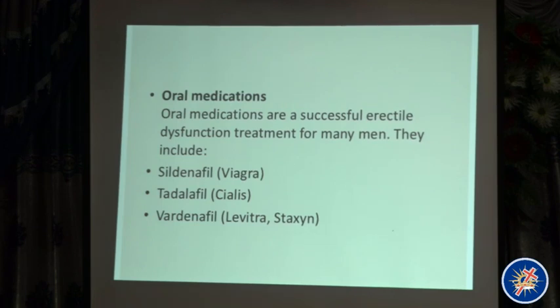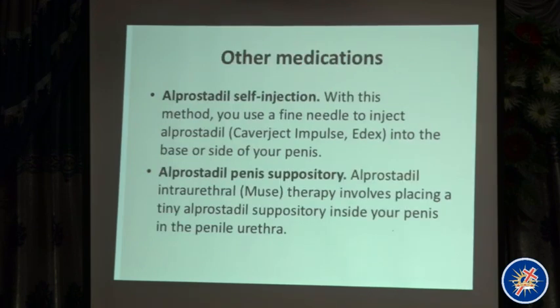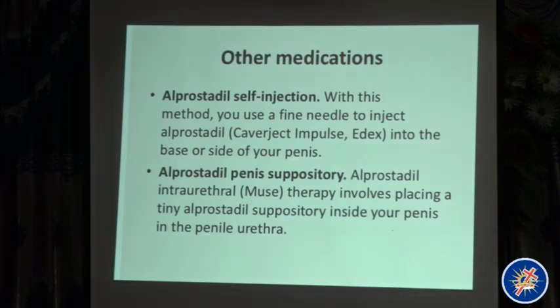The other one is injections that can be given by a doctor, like this one called Cavaject, into the base and side of your penis to make it strong. All these are tests and treatments that can be done.